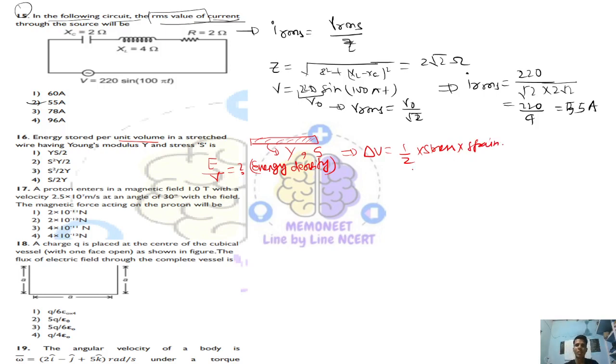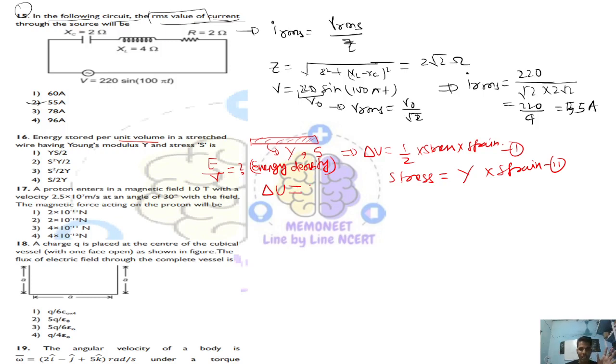It's stress into strain, and this is equation 1. Again, you know that stress is equal to Young modulus into strain. By solving equation 1 and equation 2, you can easily get the relation between internal energy and energy stored per unit volume.